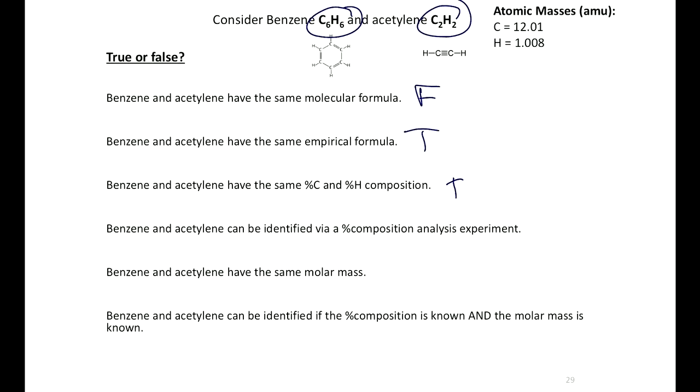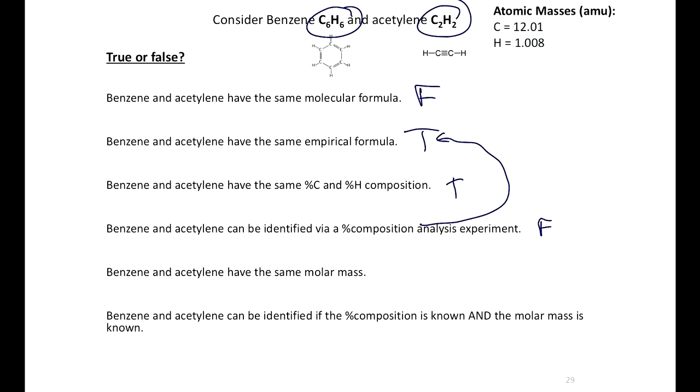Benzene and acetylene can be identified or separated by percent composition analysis. False. Why is that false? Percent composition only determines what? Empirical, yes. Percent composition only tells us empirical, and since they have the same empirical formula, we can't tell them apart.